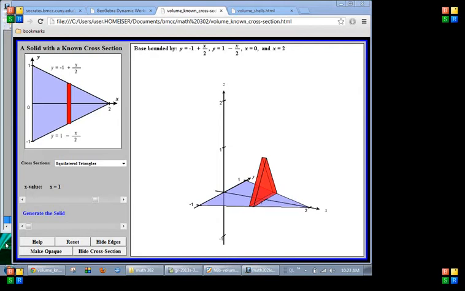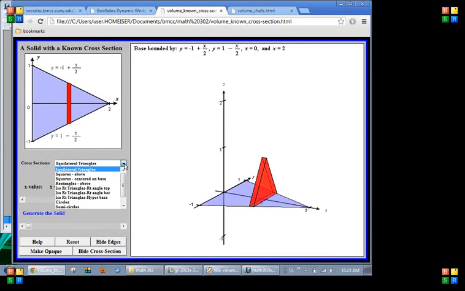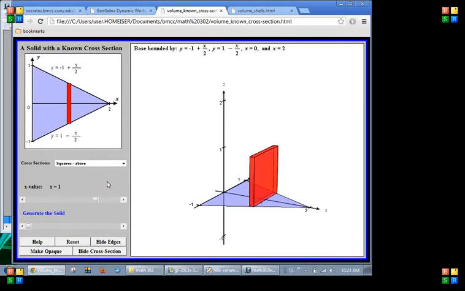So here's a picture of an equilateral triangle. We know the formula for the area of an equilateral triangle. Or we can make them squares. Obviously, we know the formula for the area of a square. And then all that's required is you have to know what that side length is. But then that side length is determined by some formula.